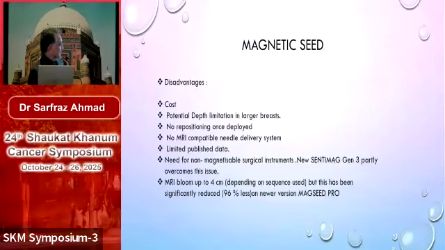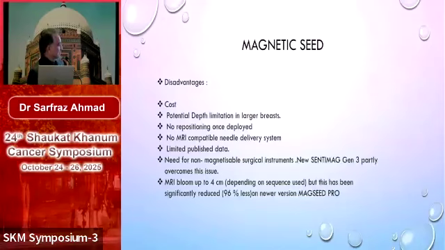Potential depth limitations in large breasts. If the lesion is deeper in the breast, sometimes it is a struggle to locate or detect them. No repositioning once deployed. They are not MRI compatible, there is the needle delivery system, and a need for non-magnetizable surgical instruments.